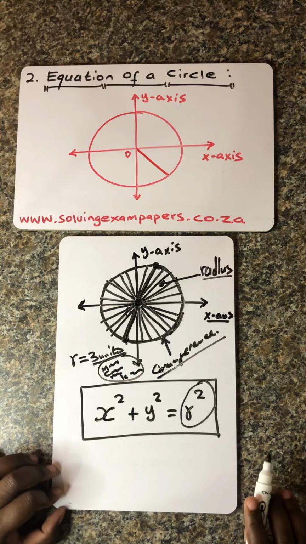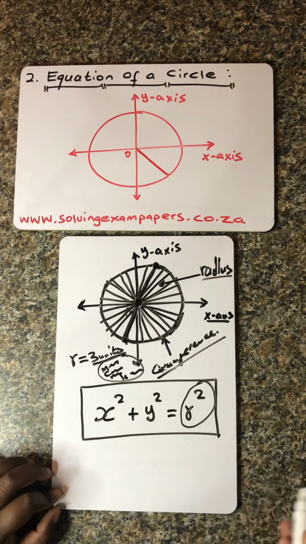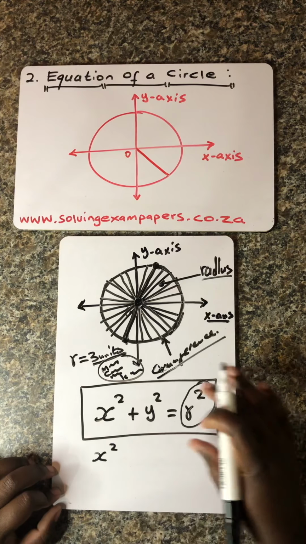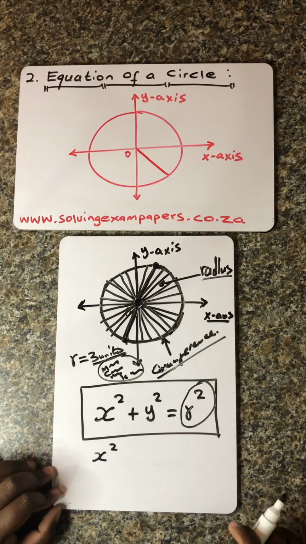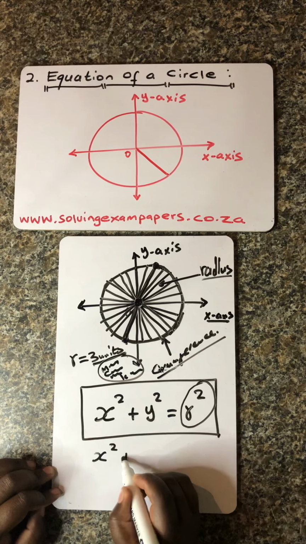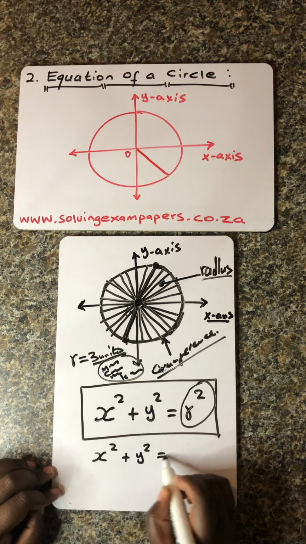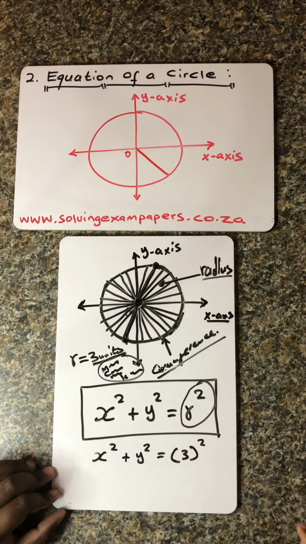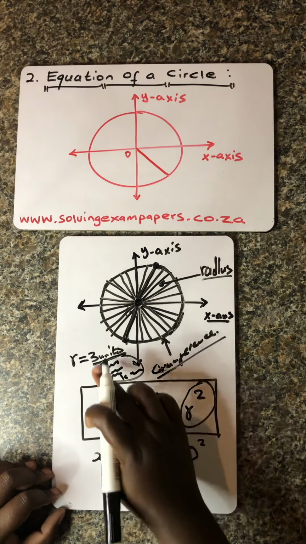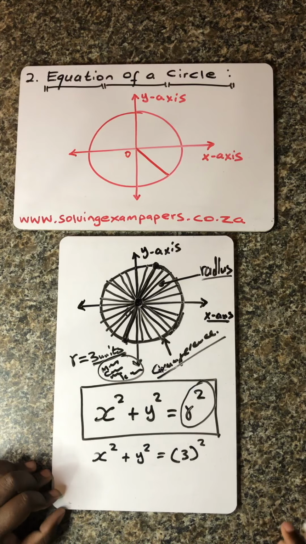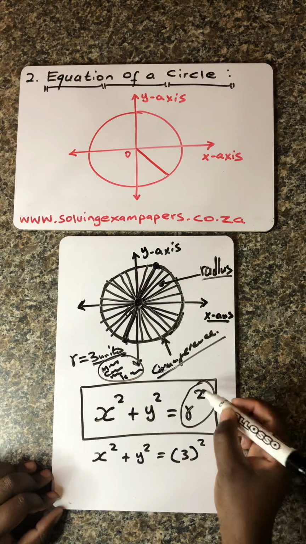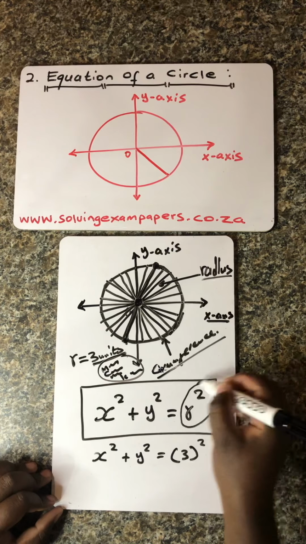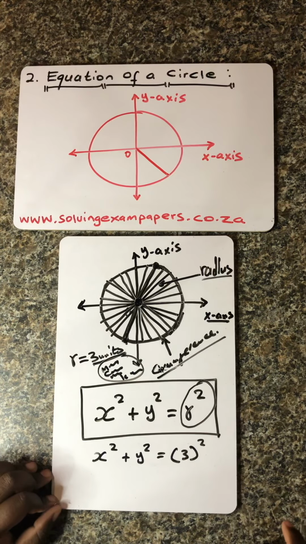So if you were to answer that question, this is what you would do. Generally, this is the equation of a circle: x squared plus y squared equals r squared. Remember, they said the radius is equal to 3 units. So we are most interested in the value of r squared.